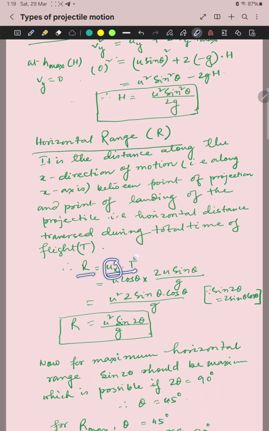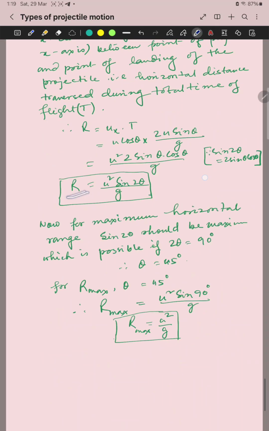Speed is ux and total time is the total time of flight. We substitute the values of T and ux to get u square 2 sin theta cos theta by g. Now 2 sin theta cos theta is sin 2 theta. So we write u square sin 2 theta by g. This is the expression for R.